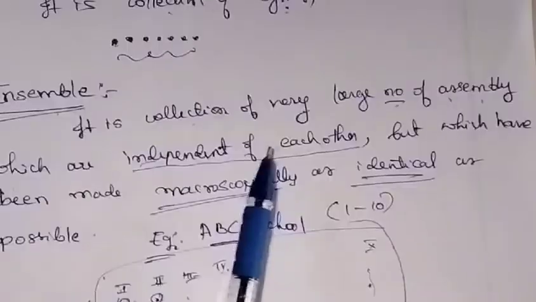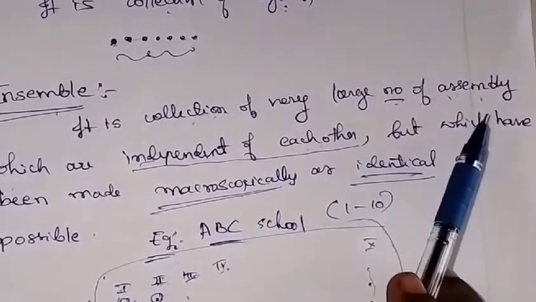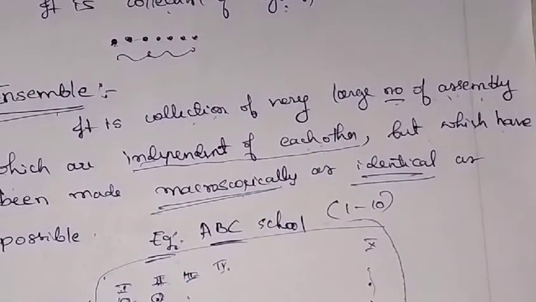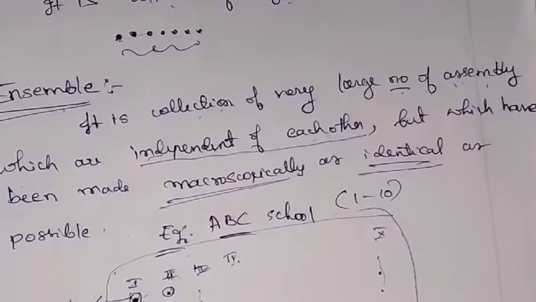It is a collection of very large number of assemblies which are independent of each other. Means each assembly is independent of one another. But if you see macroscopically, they are the same. They are identical to one another. This is the definition. Hope it is clear. Now we will move forward to the classification of ensemble.